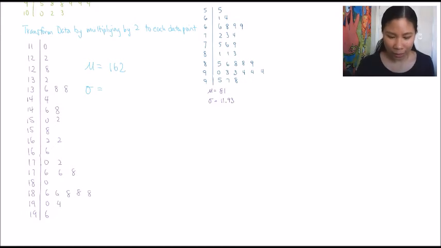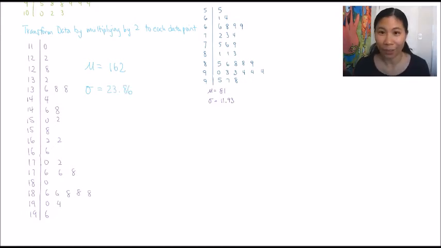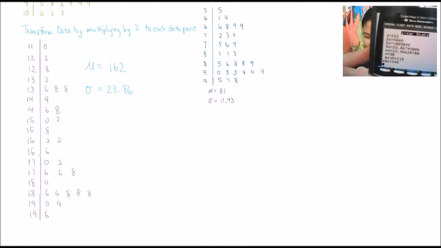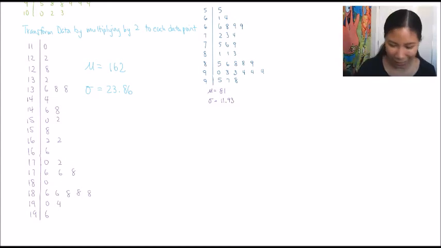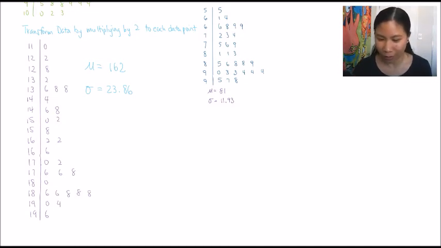Now, looking at our standard deviation, I calculated this in my graphing calculator, and as you can see right here, the standard deviation is 23.86. So I've added that to my notes here. Our original standard deviation was 11.93. So it basically looks like if we double 11.93, then we get our new standard deviation as well.